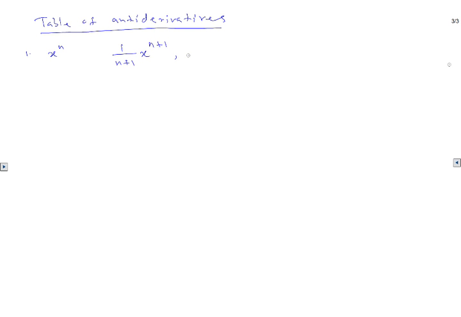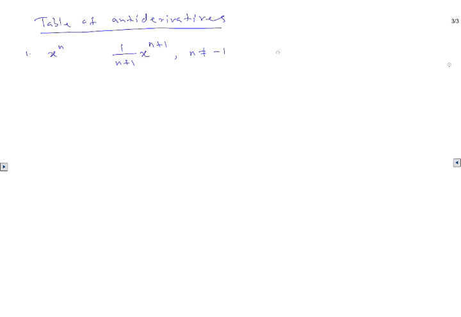Let's say a table of antiderivatives. So what are they? I'm going to go with x to the n. What is that? It is 1 over n plus 1 times x to the n plus 1, when n is not equal to negative 1.